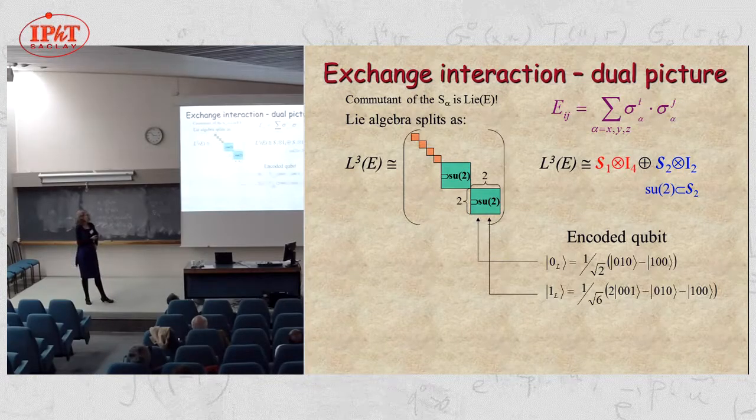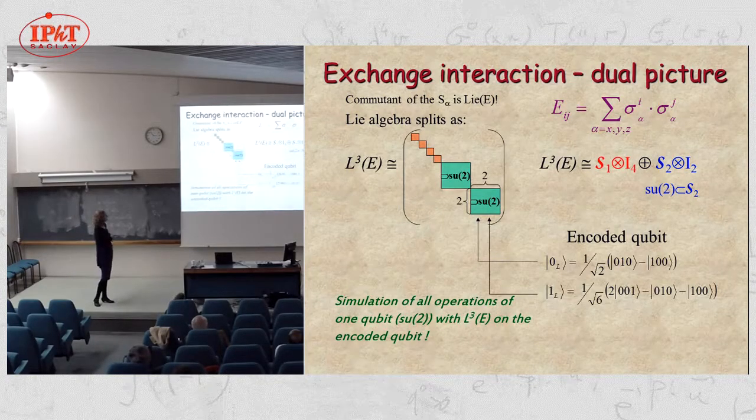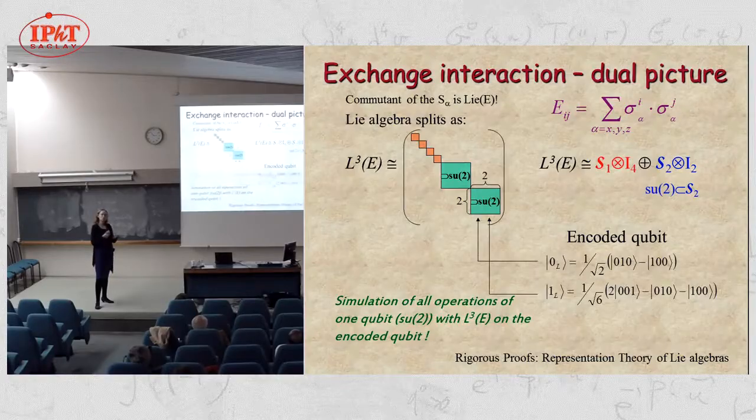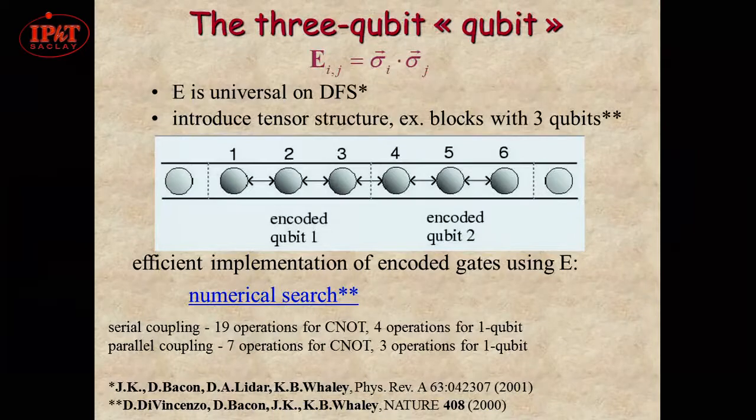So in short, the mathematical challenge, which I will spare you, is that if you develop this whole theory, you have to look at the representation theory of these Lie algebras and find ways to encode so that you use the irreducible components and get the full SU2. This is a whole big area of endeavor, but the short message is that in this case it's possible, and the exchange interaction turns out to be universal for these decoherence-free subspaces.